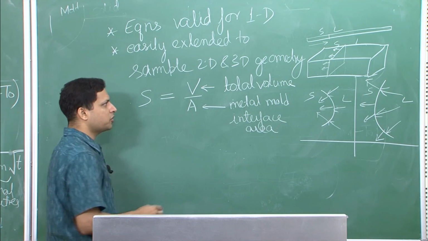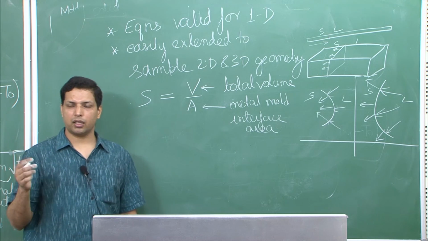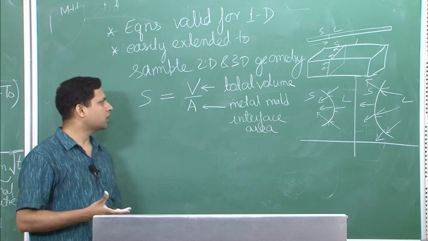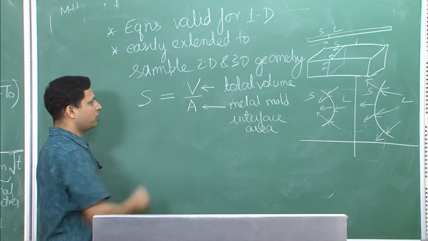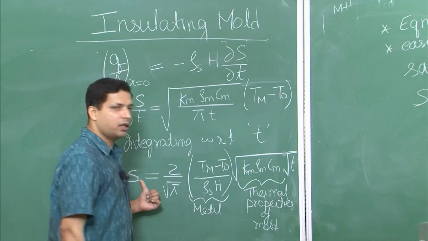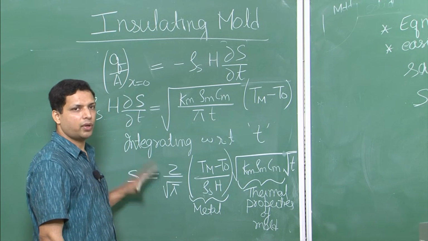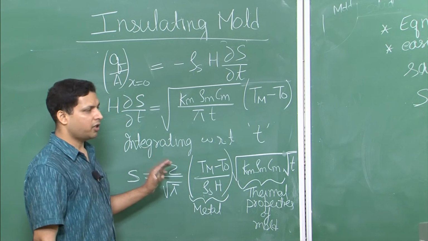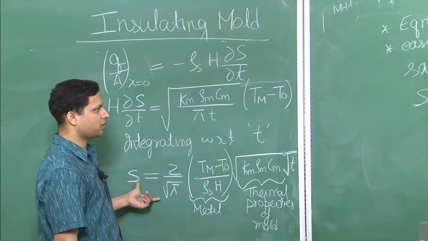So under that assumption that the heat flow per unit area remains constant, we can say that S will be equal to V over A, which is the S that we obtained here, but at the final time, that is when the complete solidification has taken place.